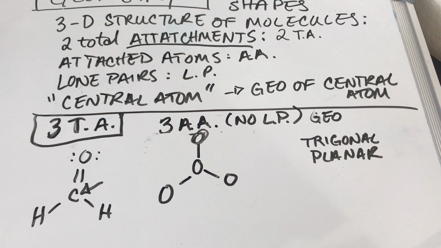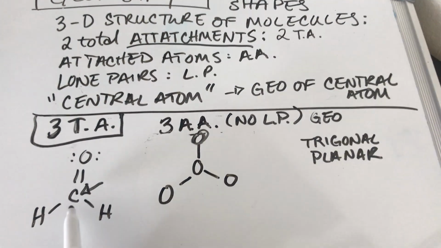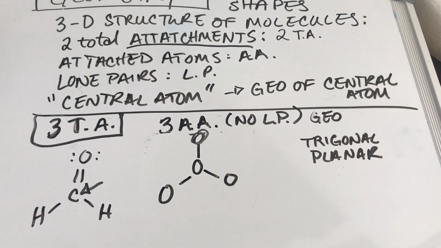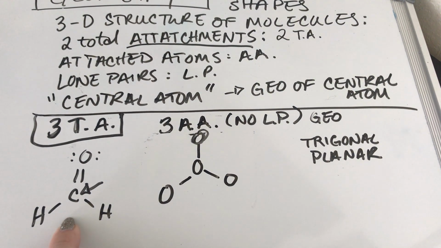So the answer to your question is no, it doesn't have to be the central atom, but when you're doing molecules that only have one central atom, it's assumed that you understand that's the geometry we're talking about. Does that make sense? Yeah, that does. Cool. Thank you.